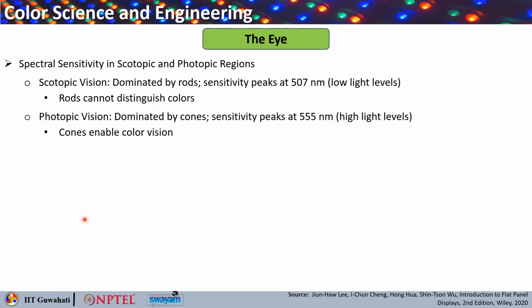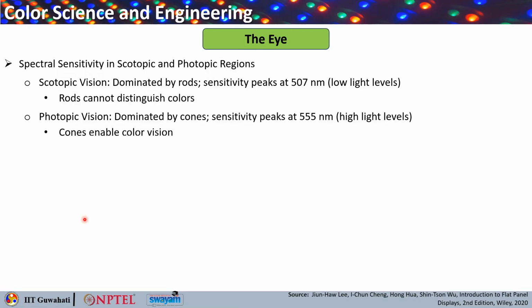Now we also need to understand that rods and cones have different response times and different sensitivity. So in your eye you also have spectral sensitivity regions. There are two regions, one called scotopic, one called photopic.